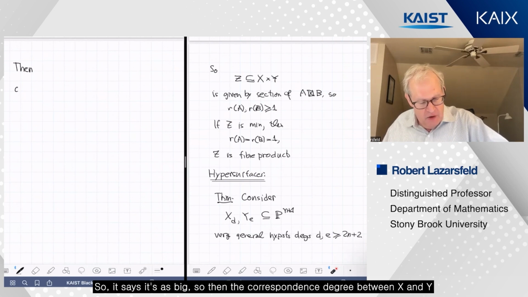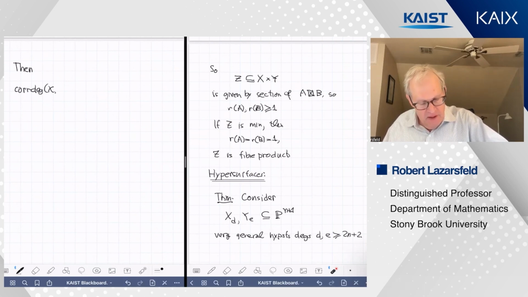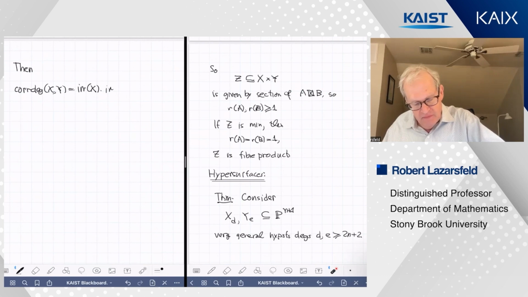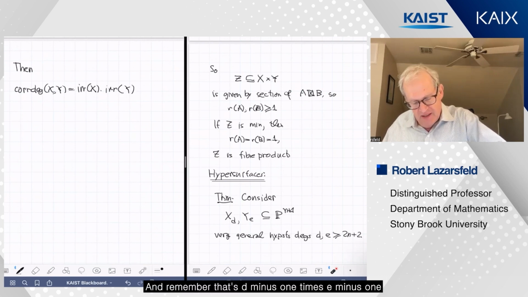Then the correspondence degree between X and Y is the product of the degrees of irrationality. And remember, that's (d-1) times (e-1).